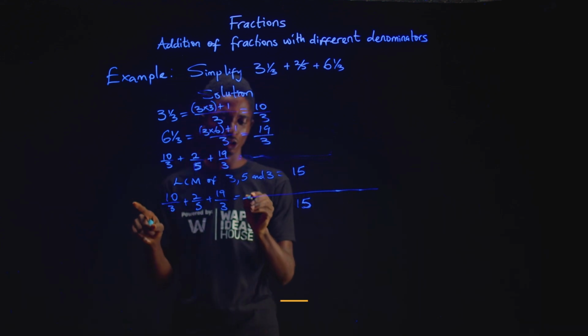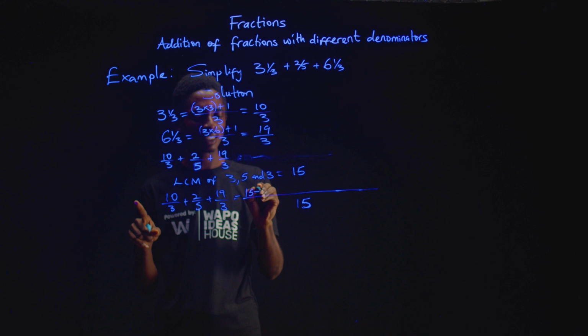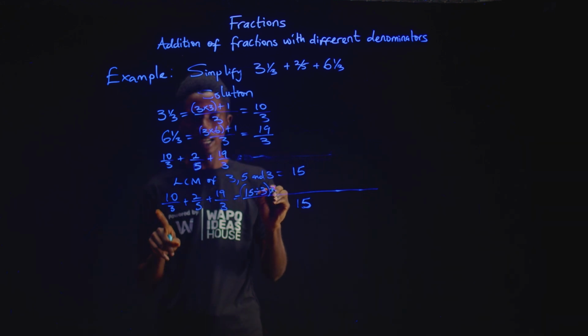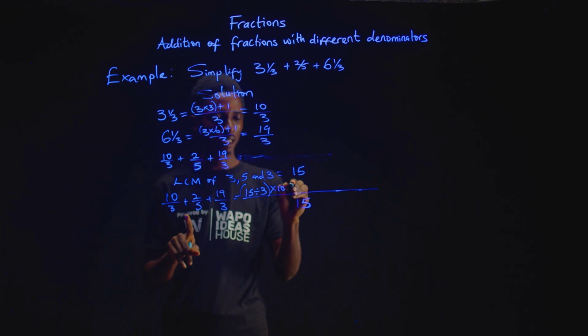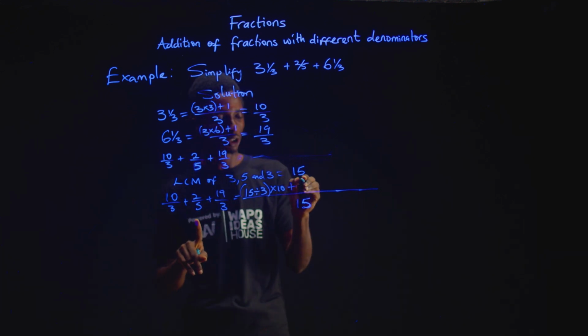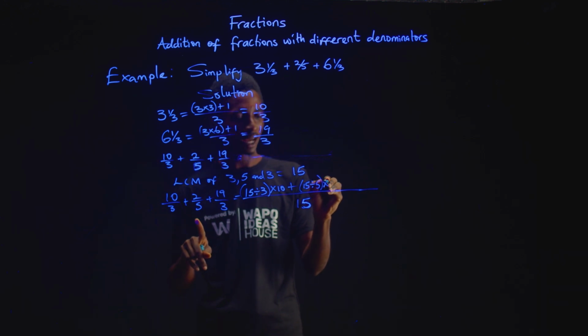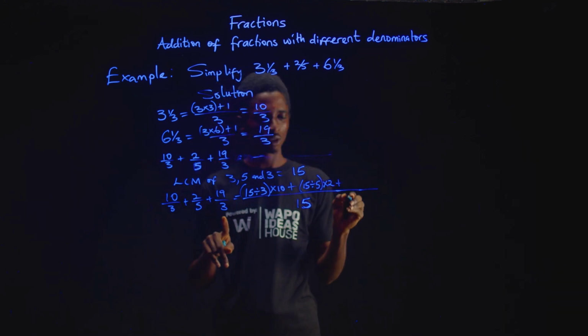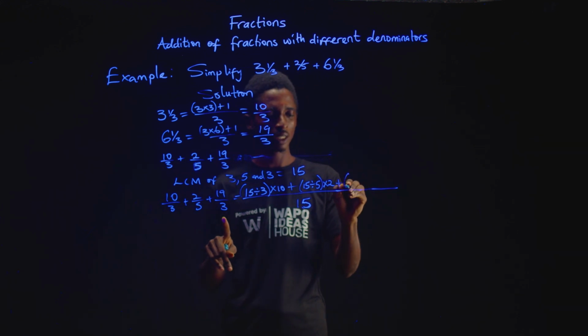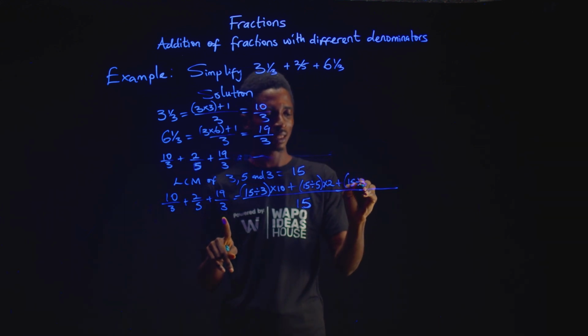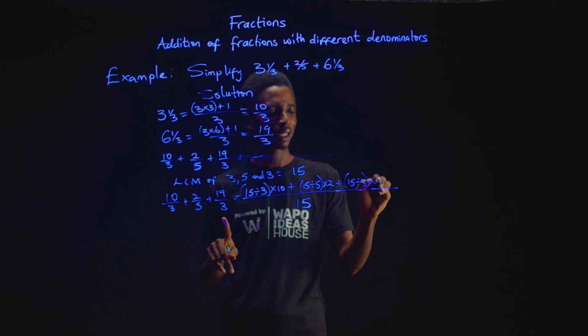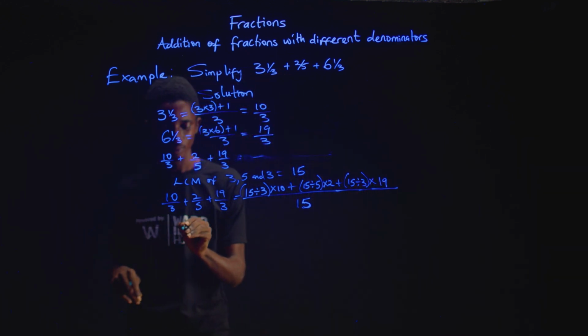Now for the first fraction, we'll perform 15 divided by the denominator, which is 3, and then multiply that by 10, plus the second fraction, 15 divided by 5 multiplied by 2, and then the third fraction, 15 divided by 3 multiplied by 19.